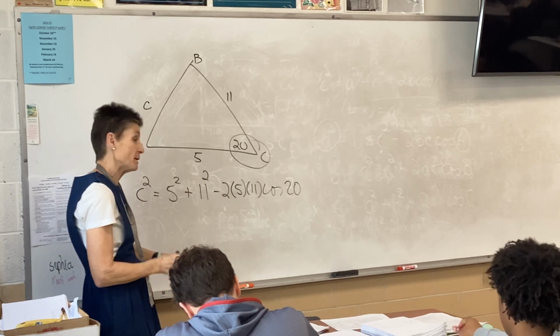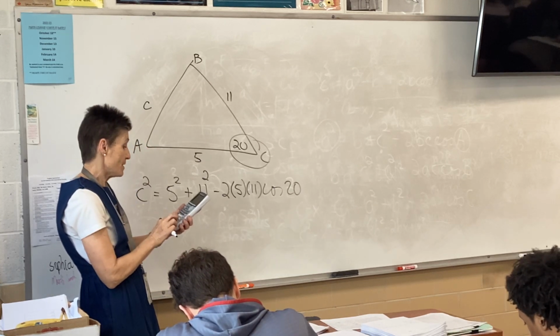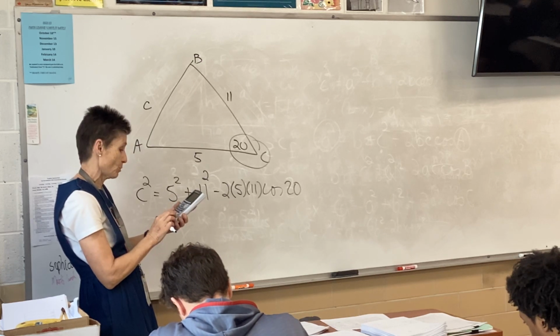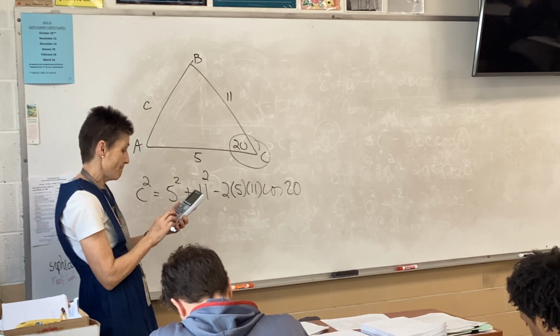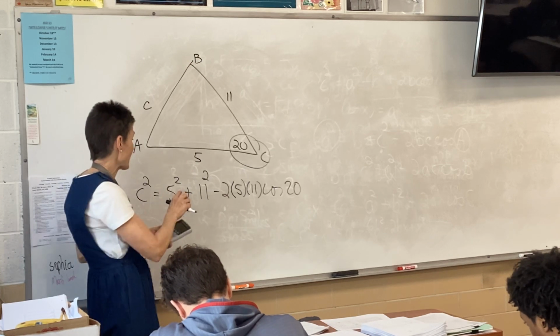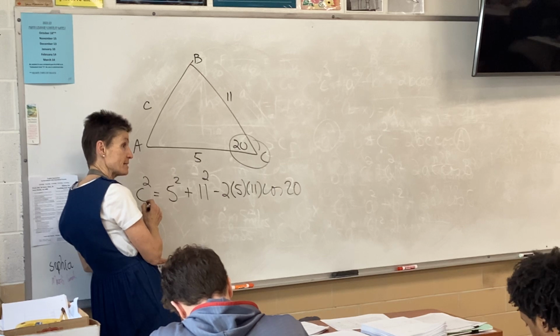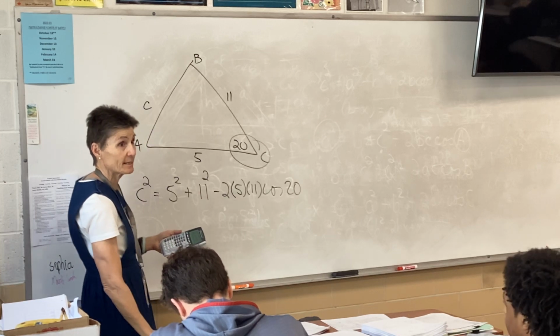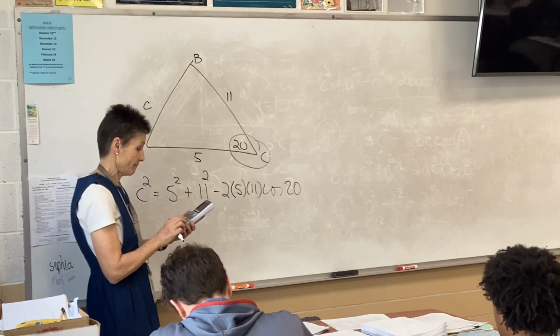So you just type it in. The only caution I have for you is, remember when you get it all typed in, that actually is C squared. So you're going to have to take the square root of that.